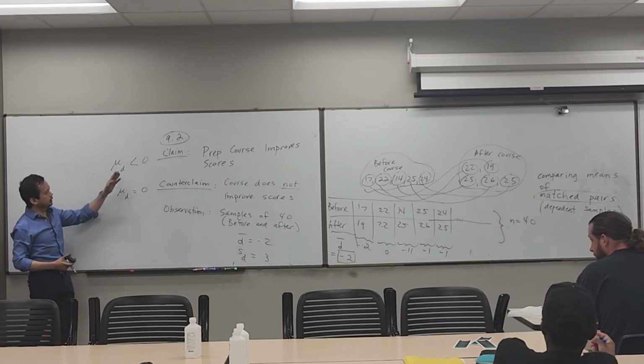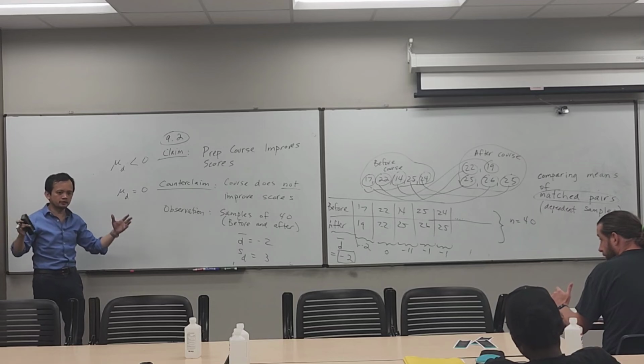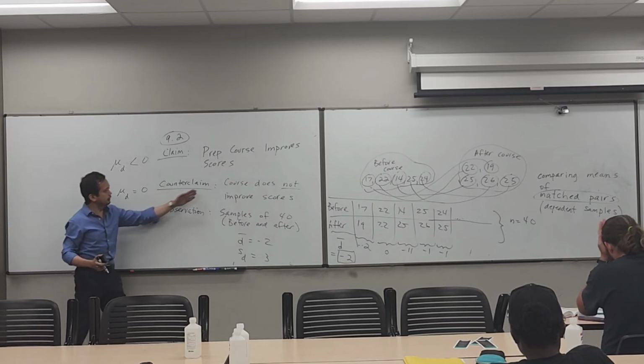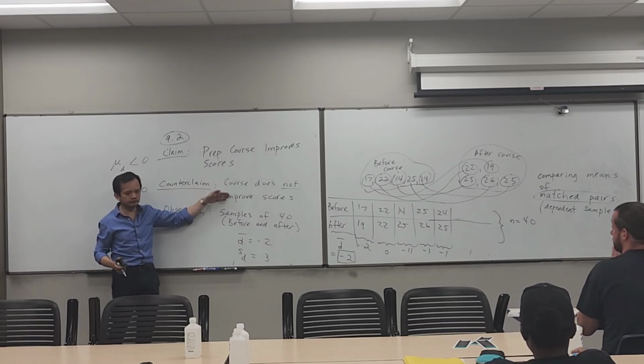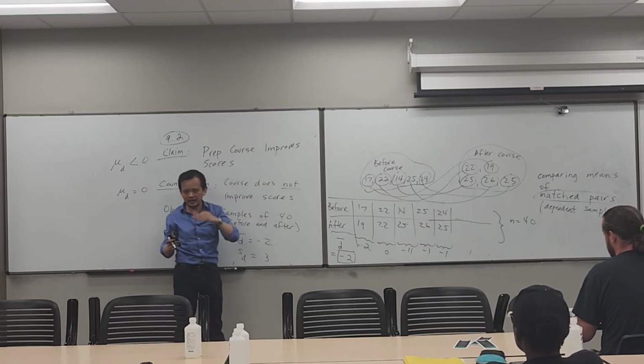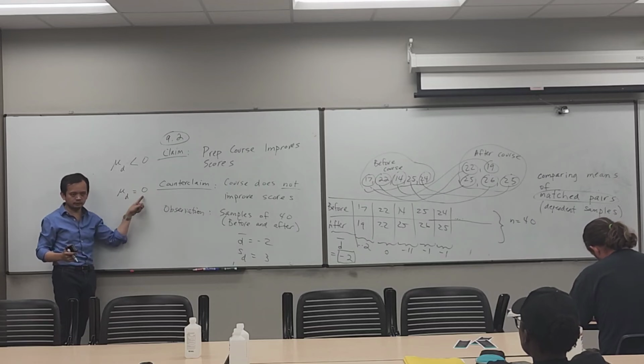So again, we're dealing with a population statement here. Everybody in the world who ends up taking this course, we're going to track each person in that population, their before and their after. If this counterclaim is true and the course does not improve scores, then that average difference of before minus after will end up just being 0, because the course doesn't improve scores.